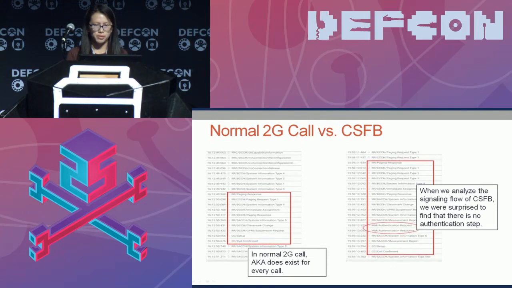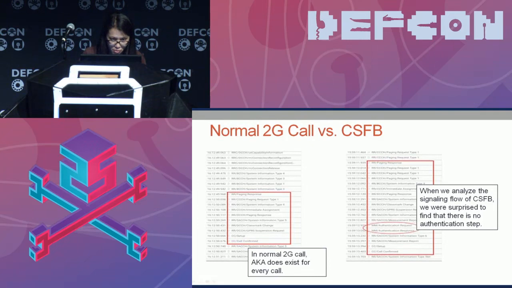See the two pictures. This is the signaling log on some engineering mode cell phone. In the part of the red blocks, you can see the left figure. We confirmed that in the normal 2G call, authentication does exist for every call.